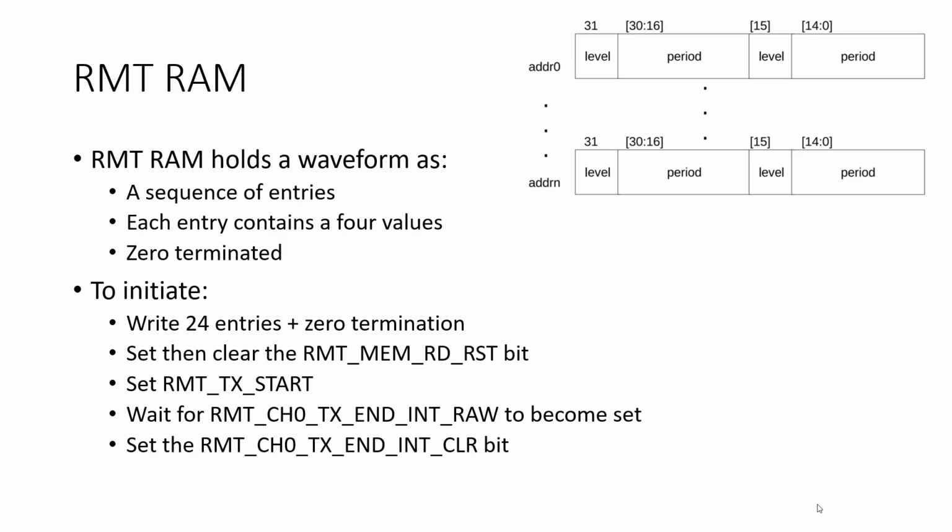Okay, so the way the RMT works is it basically follows a script. The script is a set of entries where each entry is 32 bits, but it's divided into 2 halves. The first half is the first phase, and the second half is the second phase.